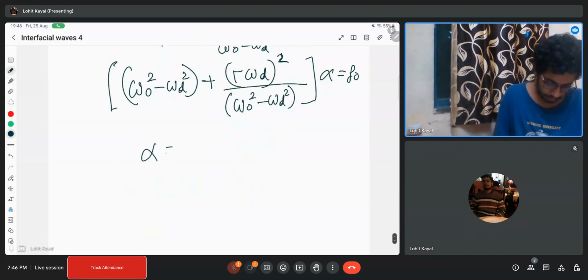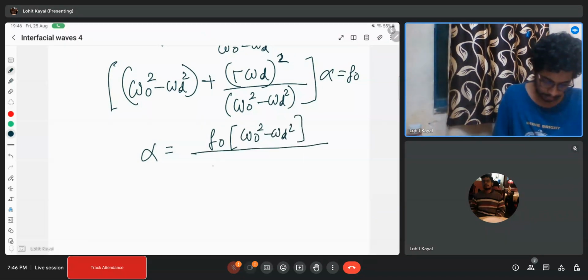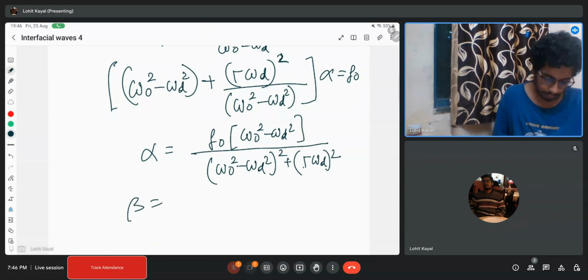So your alpha will be f naught times omega 0 square minus omega d square, divided by omega 0 square minus omega d square whole square plus gamma omega d square.